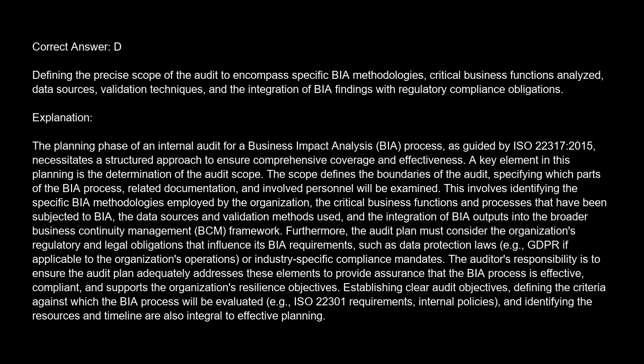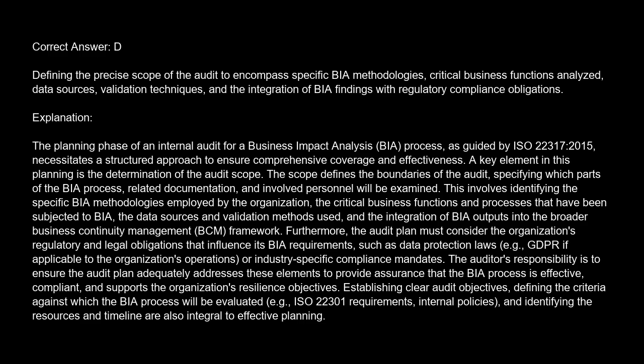Explanation. The planning phase of an internal audit for a business impact analysis (BIA) process, as guided by ISO 22317/2015, necessitates a structured approach to ensure comprehensive coverage and effectiveness. A key element in this planning is the determination of the audit scope. The scope defines the boundaries of the audit, specifying which parts of the BIA process, related documentation, and involved personnel will be examined.